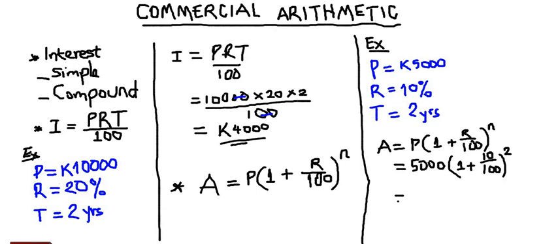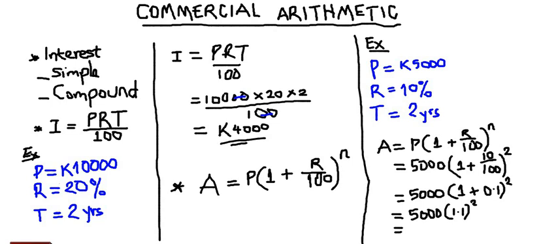So this simplifies to 5,000 times, in here we have 1 plus 10 divided by 100, which is 0.1, then to the power 2, which means we have 5,000 times 1.1 squared.